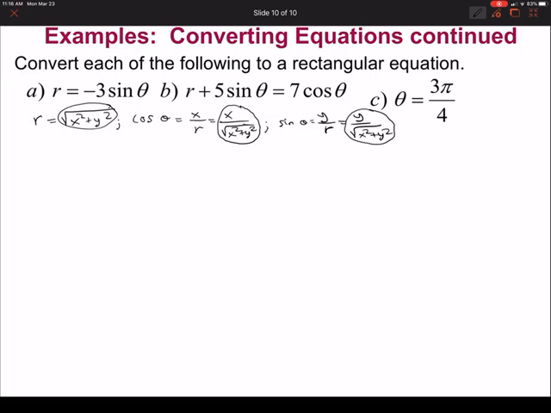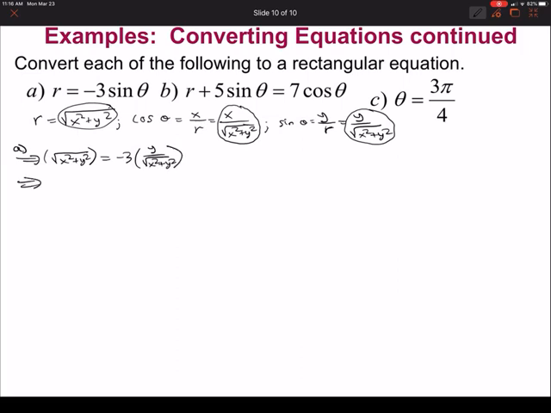So in example A, if r is equal to negative 3 sine theta, that's the square root of x squared plus y squared, that's r, equal to negative 3 times the sine of theta, which is y over the square root of x squared plus y squared.